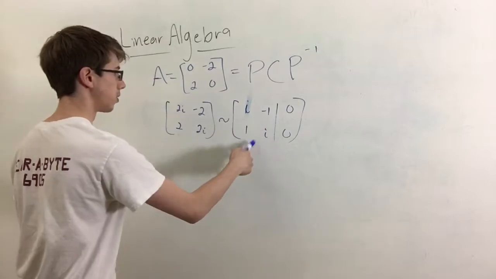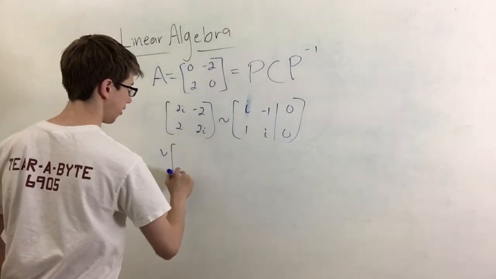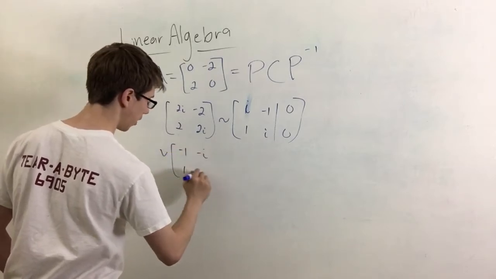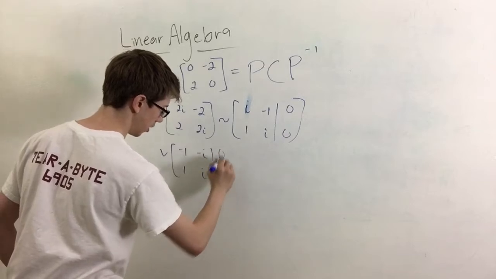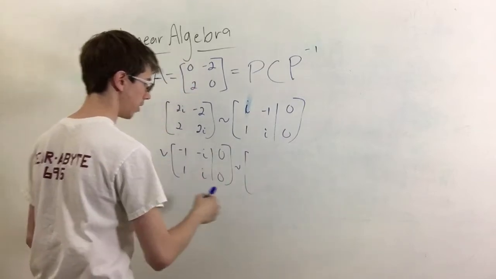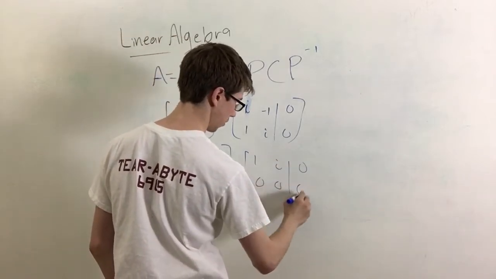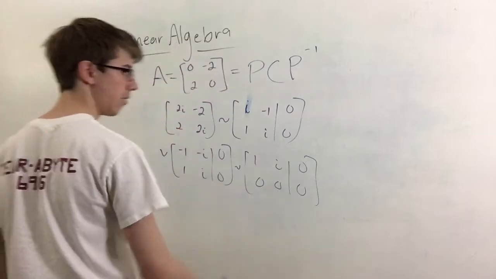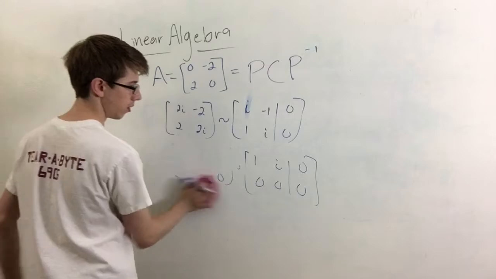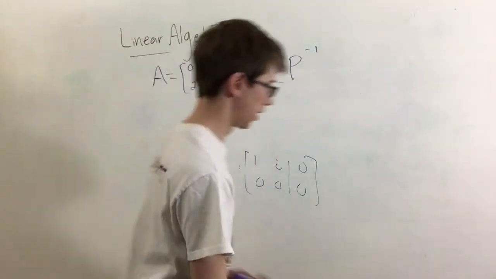Next thing we're going to do is multiply the top row by i. So we're going to get i squared, which is negative 1, times i, which is negative i, 1 and i, 0, and 0, and then we'll just add the top row and bottom row, and so we get 1, i, 0, 0, 0, 0. Now we've solved for one row.